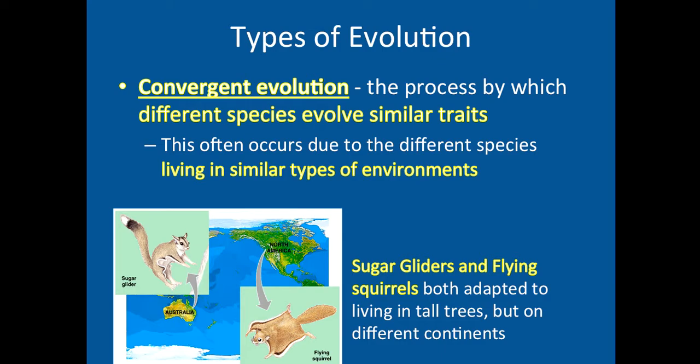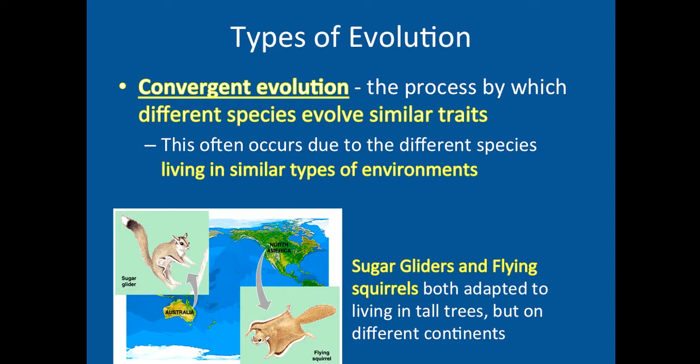So we've talked about sugar gliders and flying squirrels already when we discussed biogeography. You can see that the sugar glider is from Australia, the flying squirrel is from North America, and we've discussed in class already that even though they both glide from tree to tree with that flap of skin between their arms and legs, they are not very closely related.